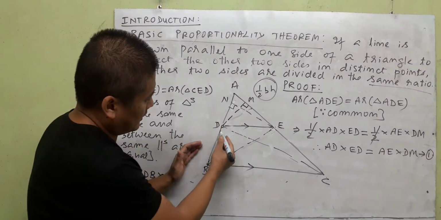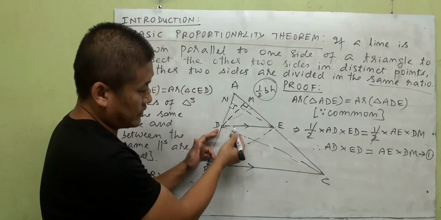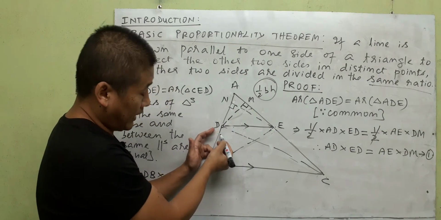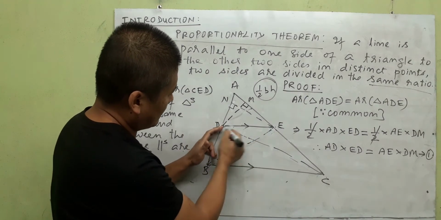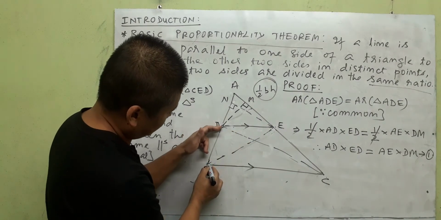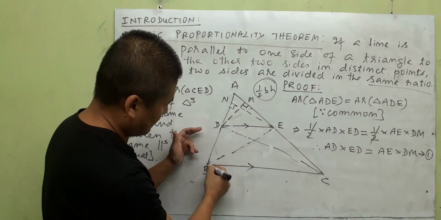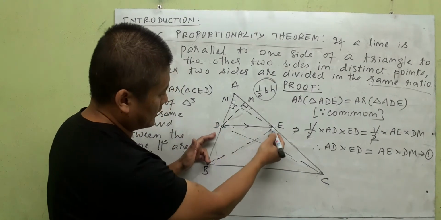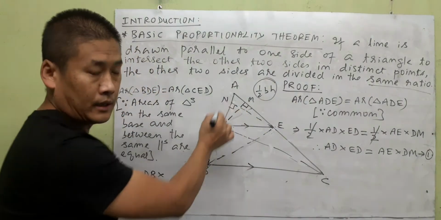Because BDE here is an obtuse triangle, that means one angle is more than 90 degrees. So from here, this is the base, meaning you look here, the opposite vertex from where the height will come is E, the opposite vertex of this side DB. So from there, the perpendicular is this one. So the height is EN.